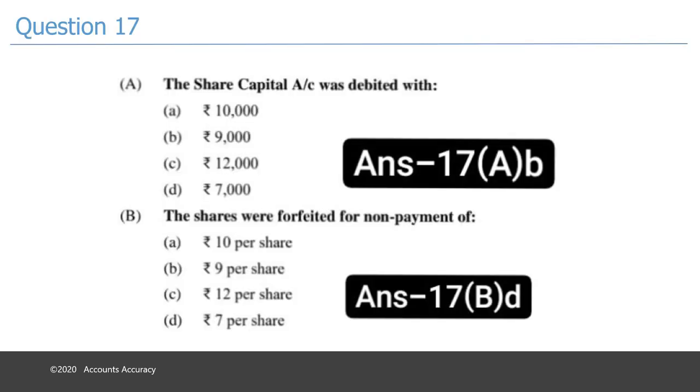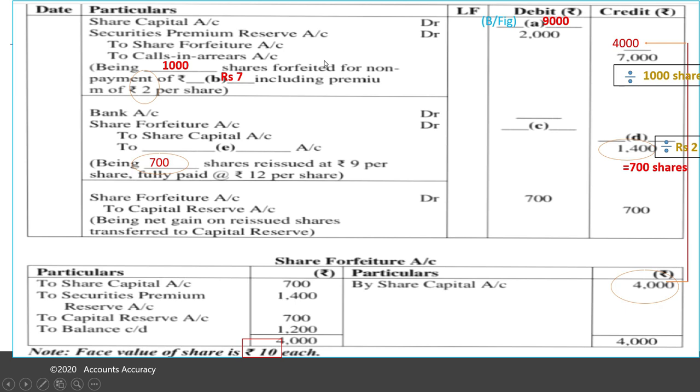Now you can do the sums based on the first part of the question. The first question is: the share capital was debited with what? It will be B. That means 9,000 rupees. Just now we calculated that the share capital has been debited with 9,000 rupees.